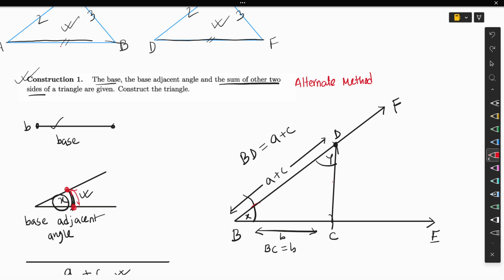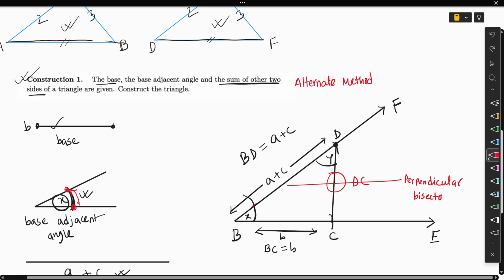We just have to draw the perpendicular bisector of side DC. So how to draw a perpendicular bisector and why you draw this, I will tell you later.